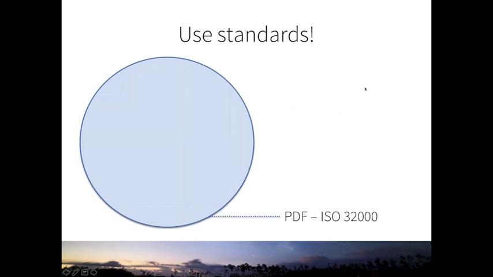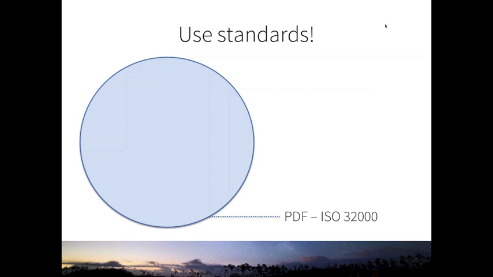Now, fortunately, there are ways around all of that, and using standards is probably the way you can make your life easier the fastest. And the first standard that you're already using in the context of what we're talking about is, in fact, PDF. For those of you who don't know that, PDF is actually an ISO standard in itself.